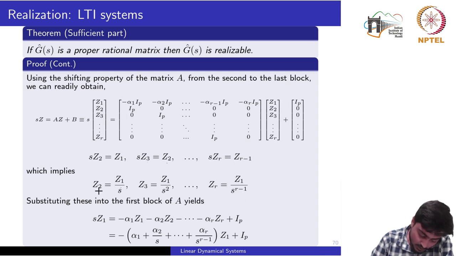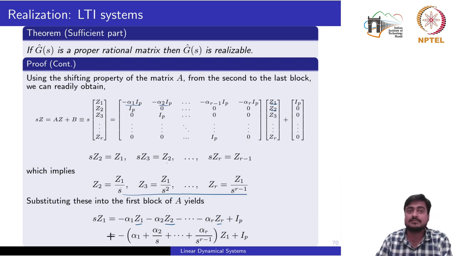And after putting all these Z's into the first equation, which is s times Z1 is equal to this into this plus this into this plus Ip. This is the part. And replacing all these Z2 to Zr by these equations, in fact we have parameterized the whole equation in terms of Z1 only. You can write this equation by yourself as well to visualize how we have arrived at this part.